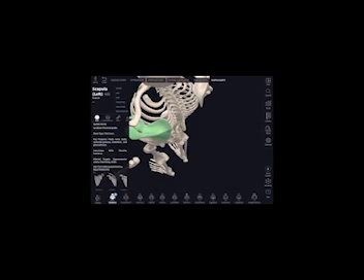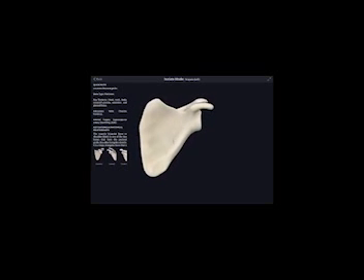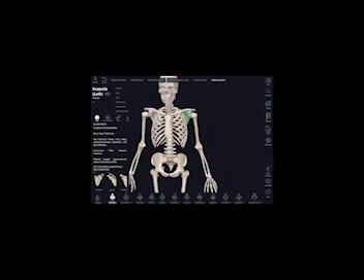Let's isolate the scapula. Anteriorly, the last thing that I want to mention is this fossa right here. This is the anterior aspect of the scapula, and it's called the subscapular fossa. This is where the subscapularis sits. Those were the important bony landmarks for the shoulder complex.